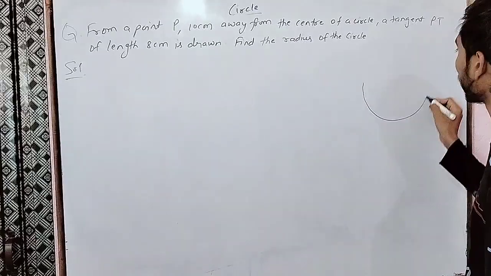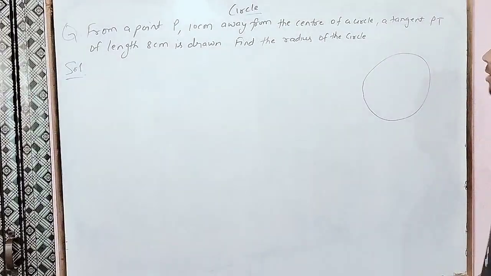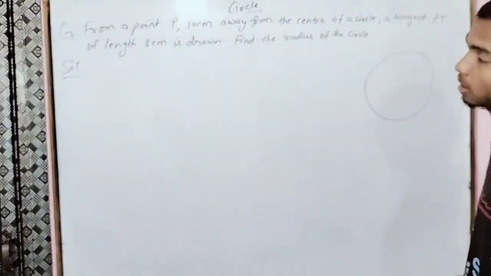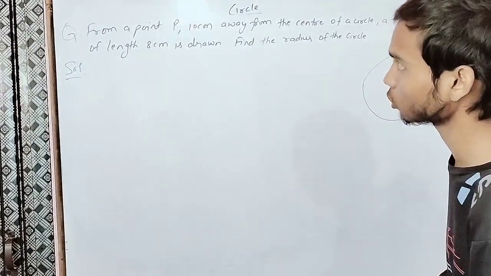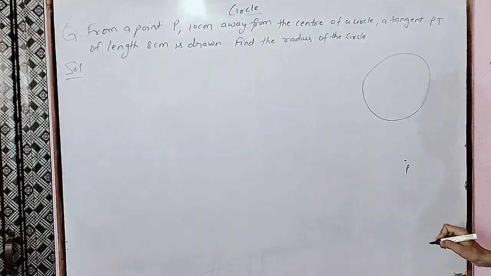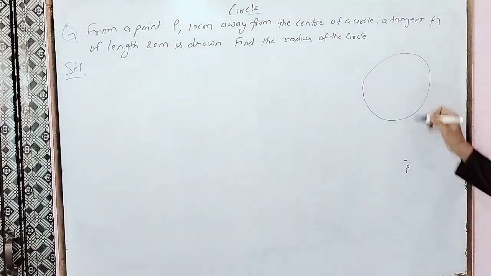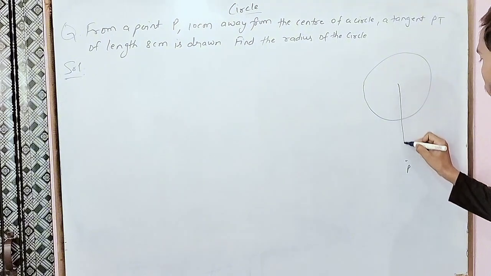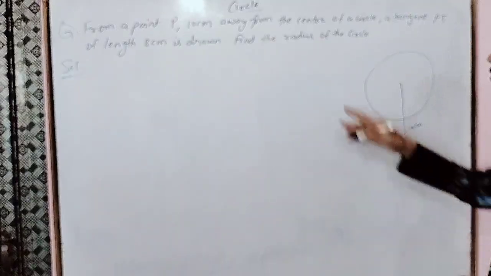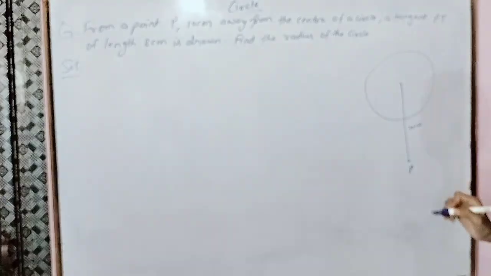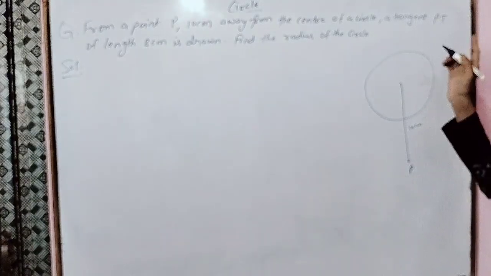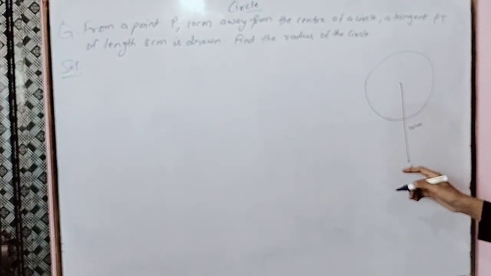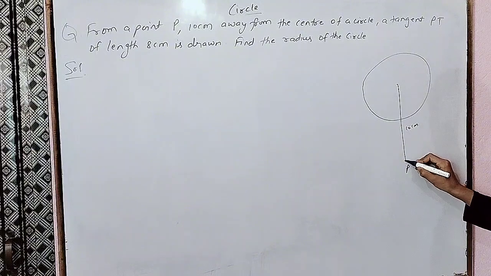So here we can draw the figure of this question. P is the external point, and it is connected to the center, and the length of this is 10 centimeter. There is a tangent.